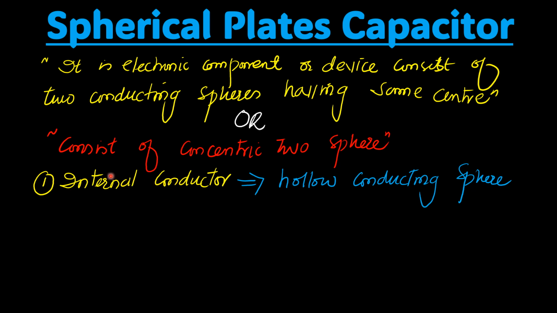It could be a sphere, but the important point is that the charges stored on the internal conductor will, because of the nature of a conductor, be on its surface, whereas the second conductor covers the internal conductor, and there is a hollow region between the internal conductor and the conductor covering it.